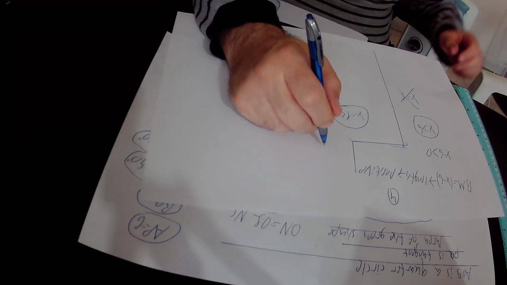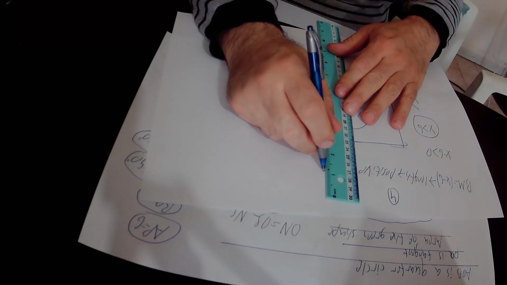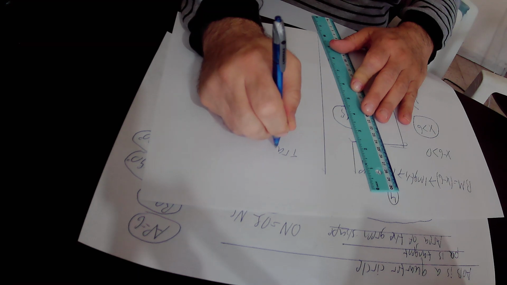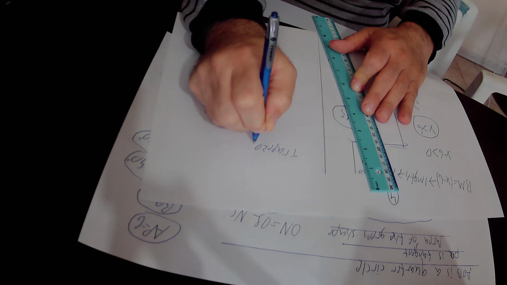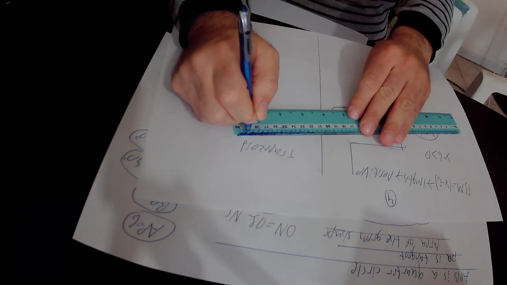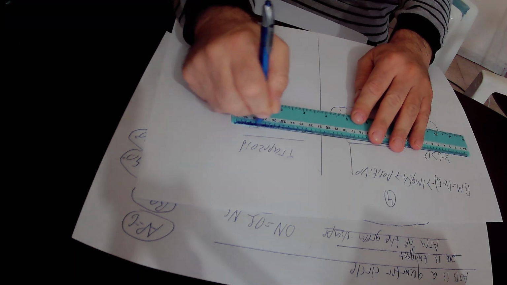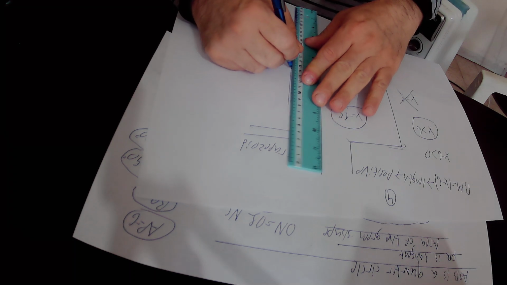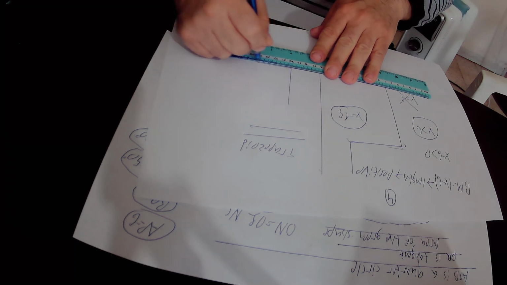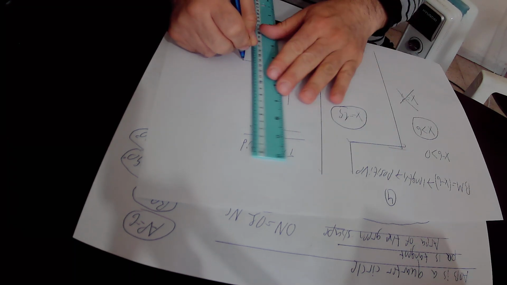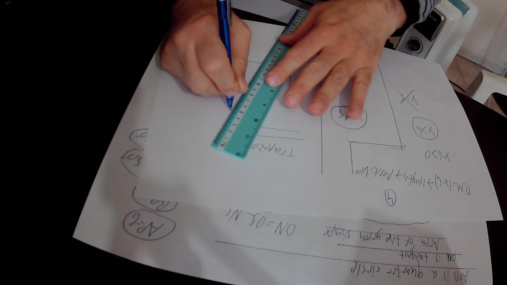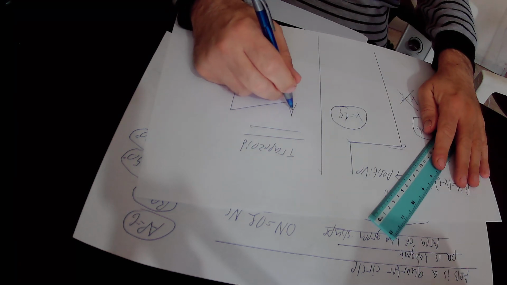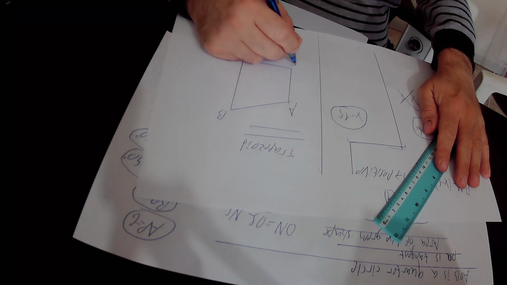So what is the area of a trapezoid? This is trapezoid ABCD.